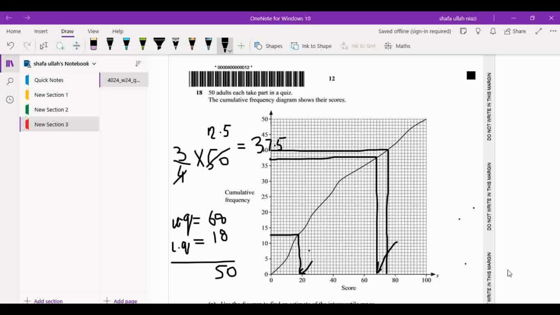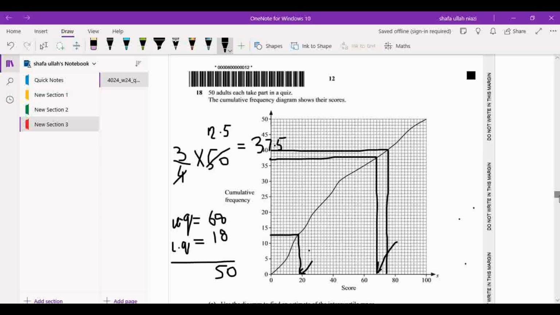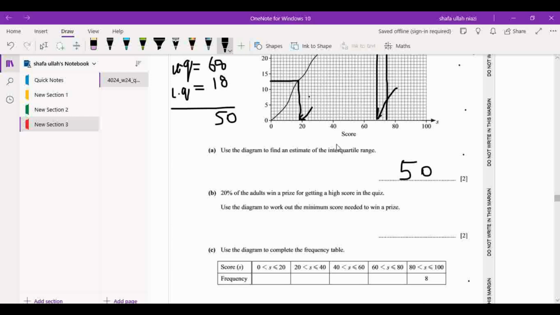So I write 75 to be on the safe side. So the answer should be 75. So 75 is the qualification point. 76 or 75 is the score above which the adults win a prize.